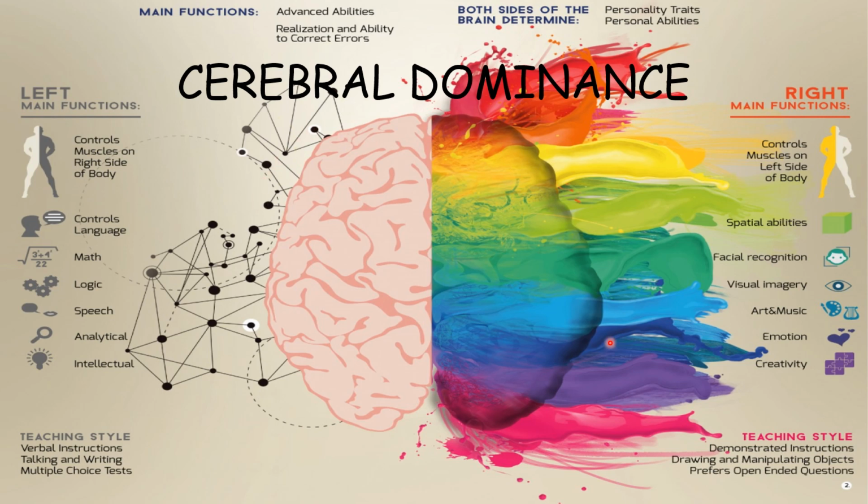So you can see the right side, which is very colorful. All the imagination happens here. It controls the muscles on the left side of the body, and spatial abilities, facial recognition, visual imagery happen here, along with art and music, emotion, and creativity.